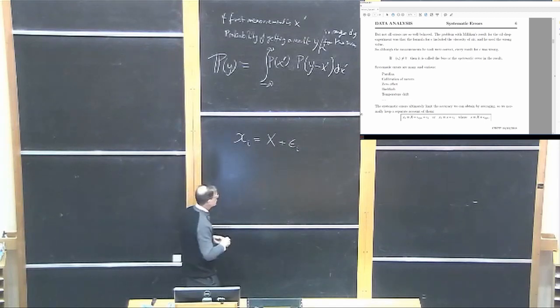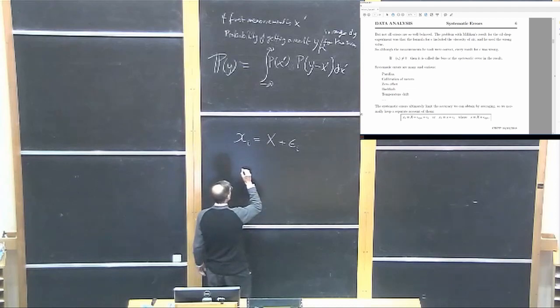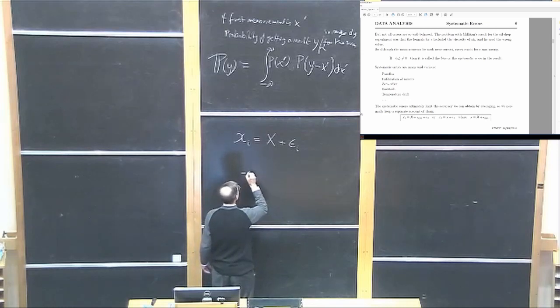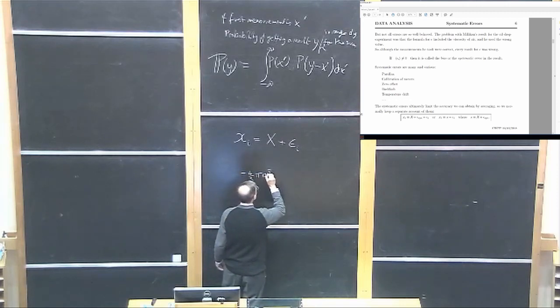And there are 3 forces in play. There is the weight. I'm going to take the up direction as positive. So the weight force is minus 4/3 pi a cubed rho g.